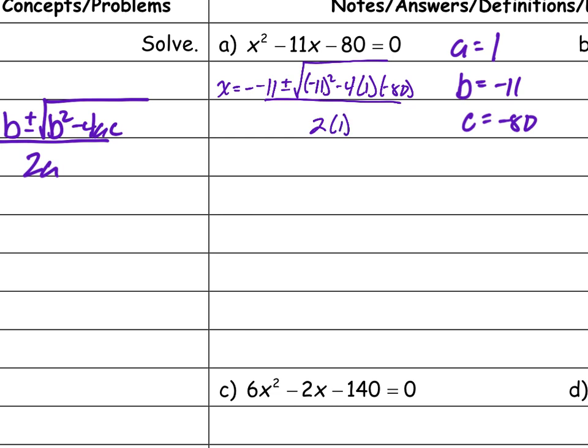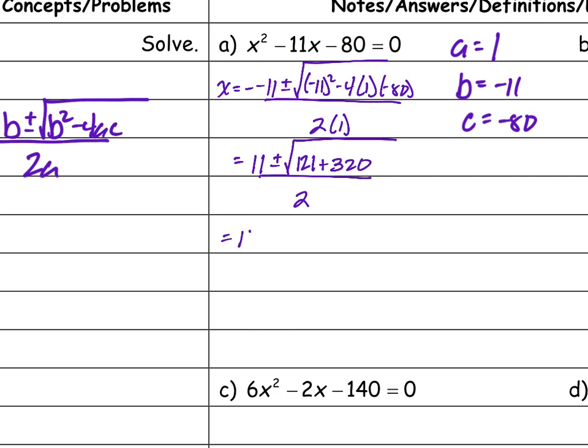Okay, so now I'm going to simplify it. So I've got minus a minus is positive, so it's going to be 11. Plus or minus the square root of negative 11 squared is 121. And negative 4 times 1 is negative 4, times negative 80 is 320, so plus 320 divided by 2.